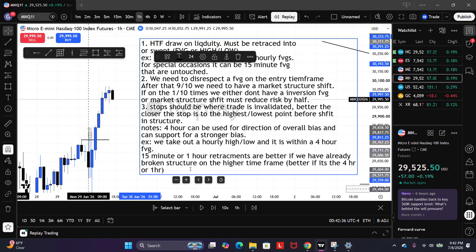We have already broken structure on the higher time frame and are clearly leading in a direction.